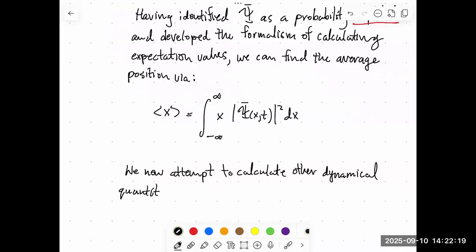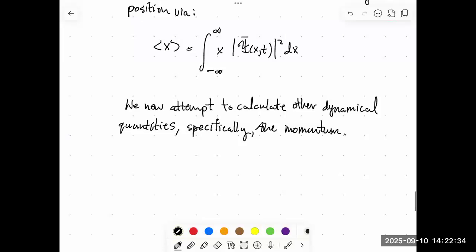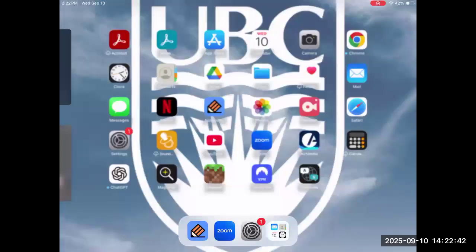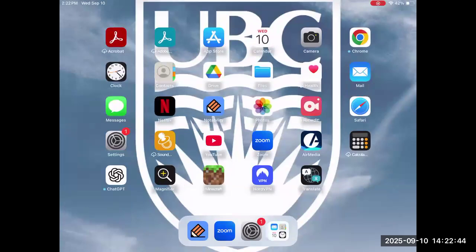Specifically, the one that we want to look at is momentum. Okay, so the way we're going to do this, I'm just going to restart my little tablet thing here. It has a big delay, which is annoying.